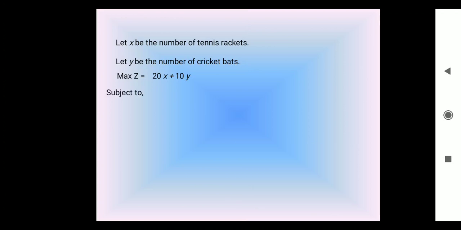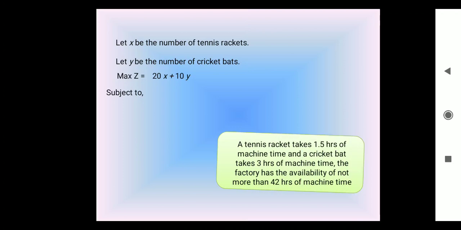Now we have to construct the constraints from the data as follows. A tennis racket takes 1.5 hours of machine time and a cricket bat takes 3 hours of machine time. The factory has availability of not more than 42 hours of machine time. Here we have to observe the words not more than.